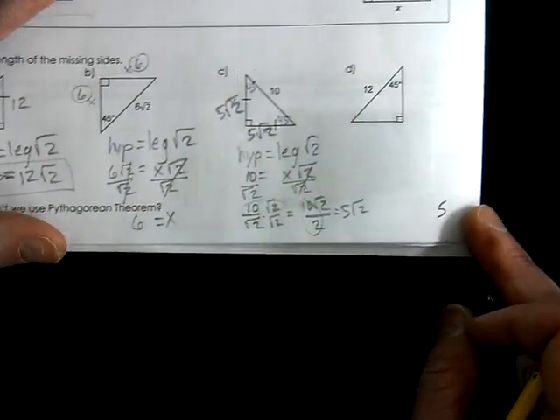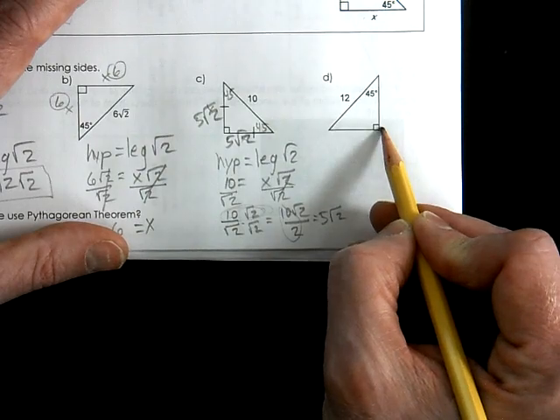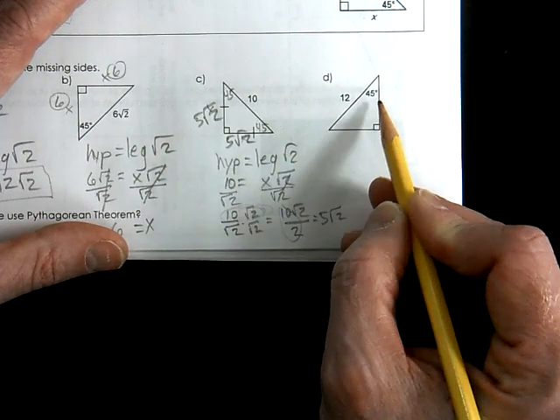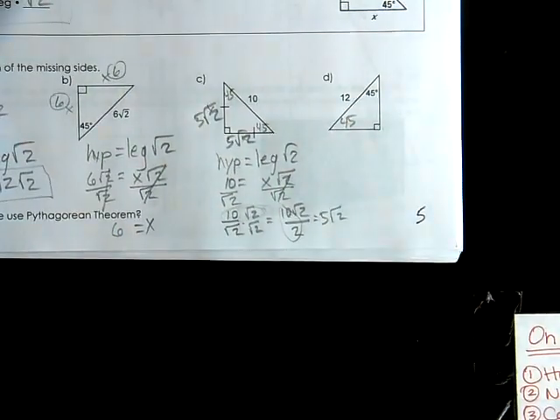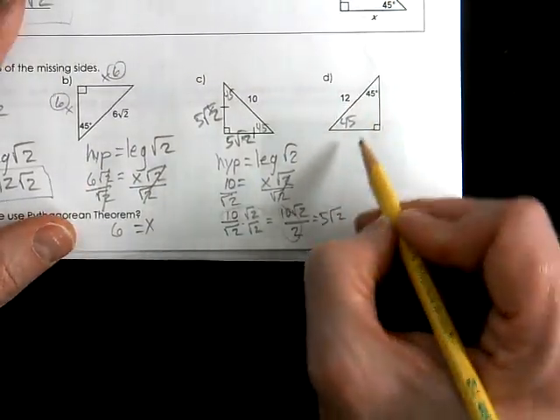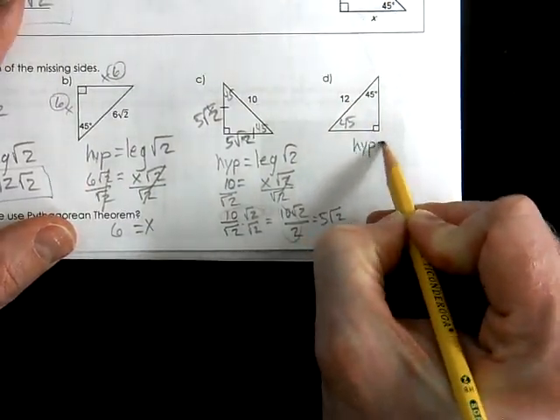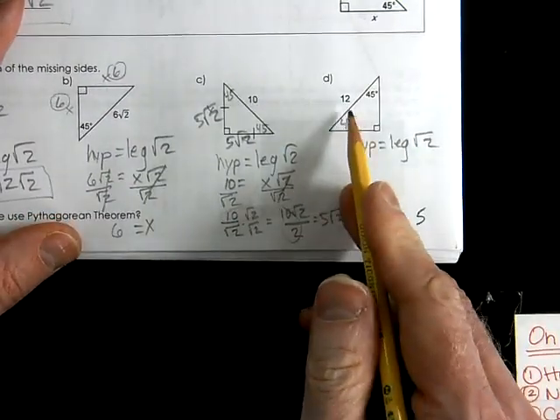Let's try this one last time. I notice this is a 90-degree triangle, and one of the angles is 45. So to make 180, I know the other angle has to be 45. So this is a 45, 45, 90 triangle. So I know my formula is hypotenuse equals the leg times root 2.